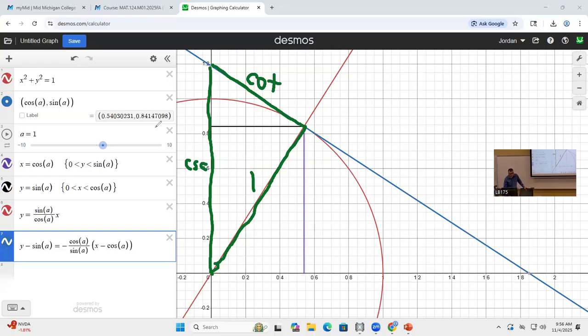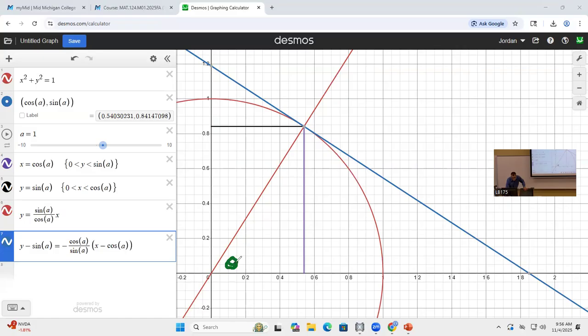Because if you think about this being your angle theta, this is some other angle.